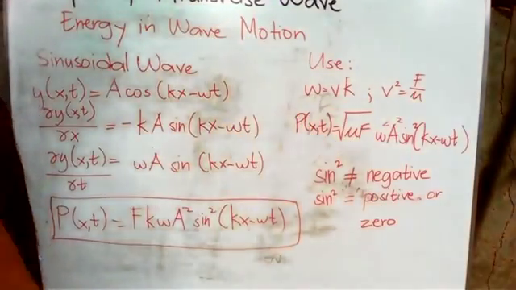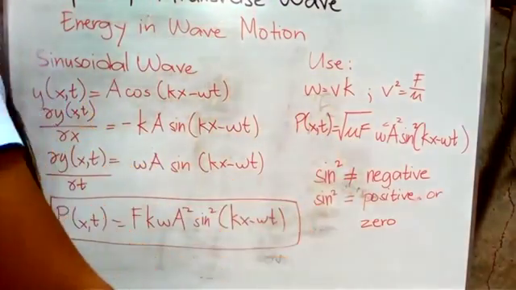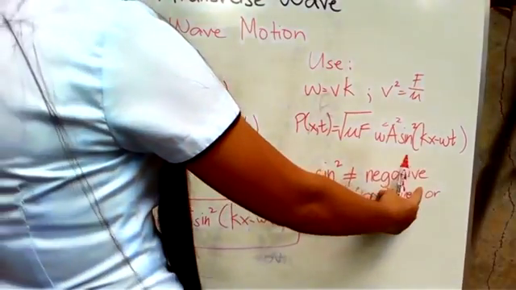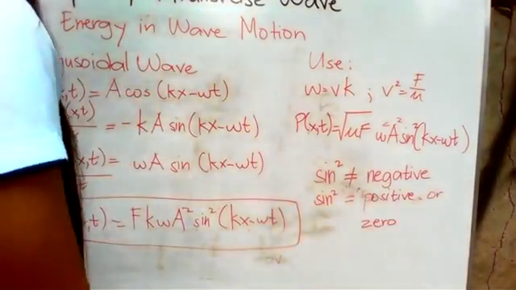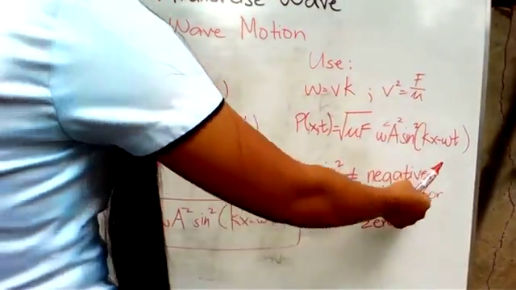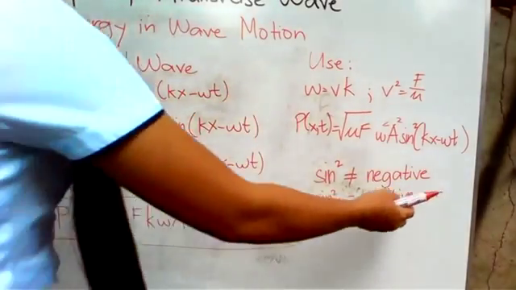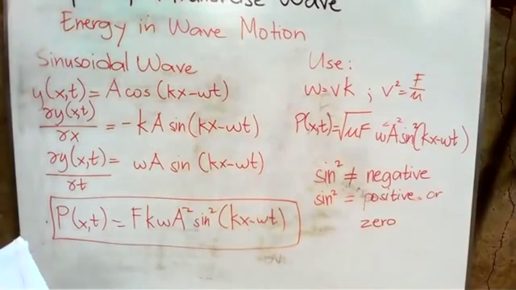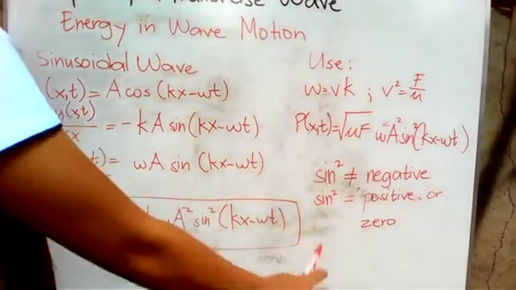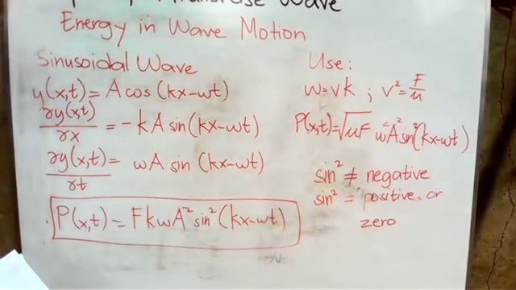So remember that sine squared can never be negative, it is either positive or zero. Positive simply means that there is an energy transfer, while when it is zero, it means that there is no energy transfer.